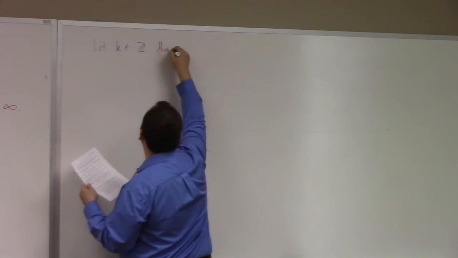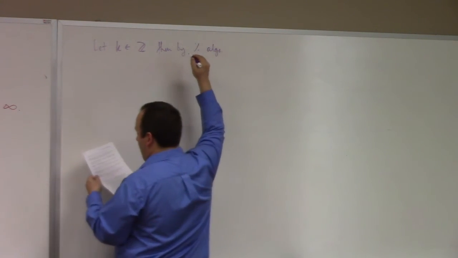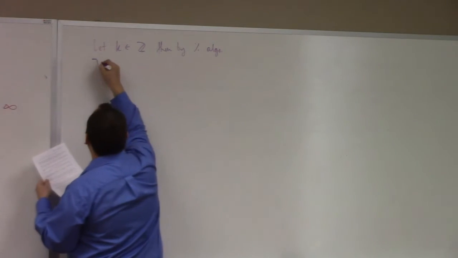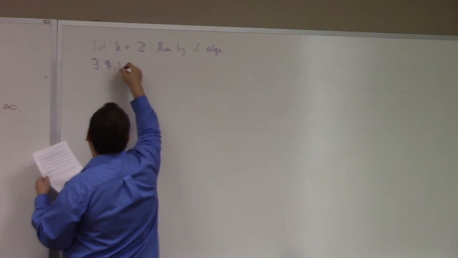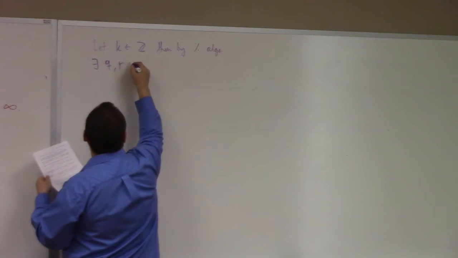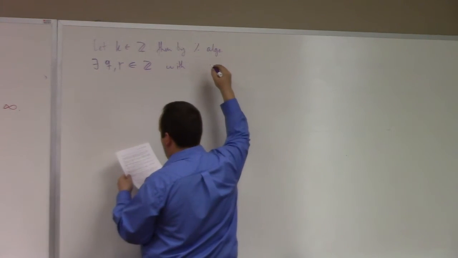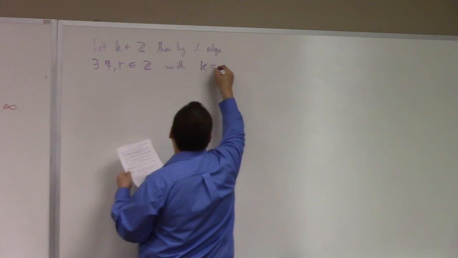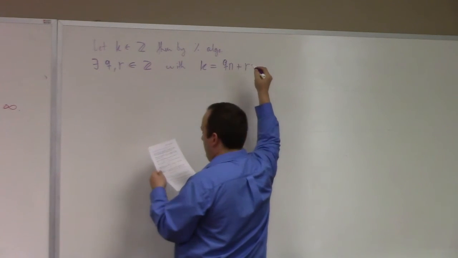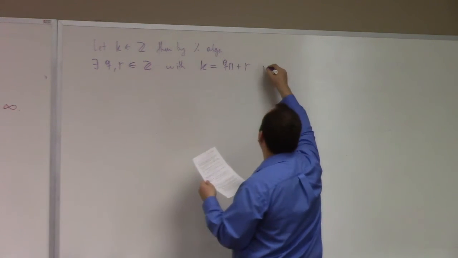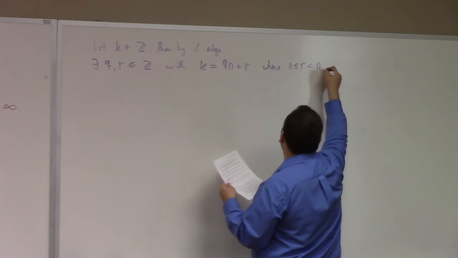Then by the division algorithm, what do we get? There exist q and r, a quotient and a remainder, in Z such that k equals q times n plus r, right? Where what? 0 is less than or equal to the remainder, which is strictly less than n.